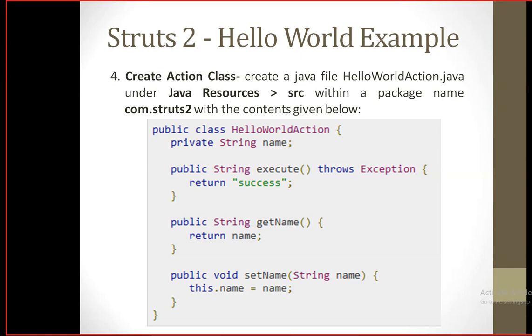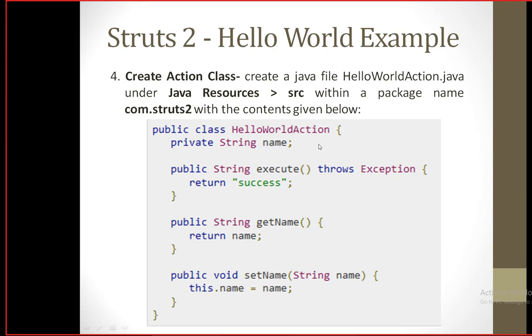But it is better that if you are not implementing or inheriting from any other inbuilt action class, then your class name should always have the word action at the end. Whatever the class name is, it should be appended with the action word. Okay, so remember this thing.